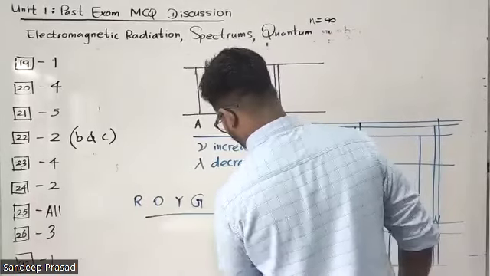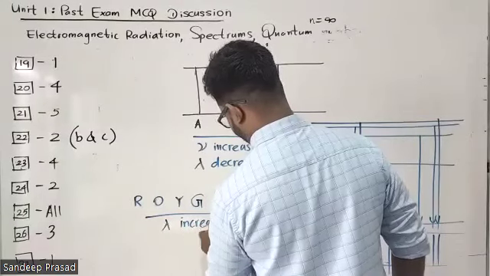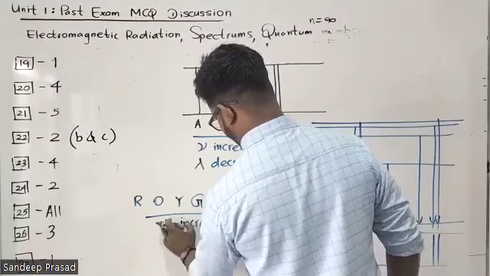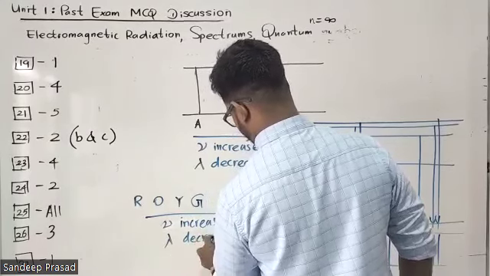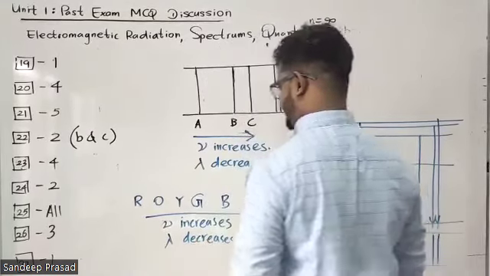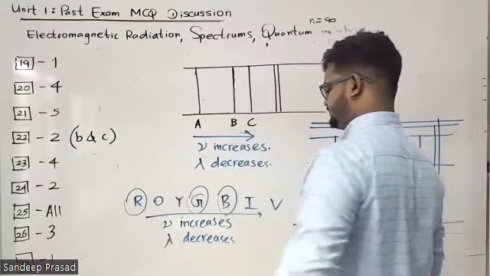And for this direction, we know that again frequency is increasing and lambda, wavelength, is decreasing. Now you can guess the colors. So what are the colors they have given? Red color, green color, and blue color.